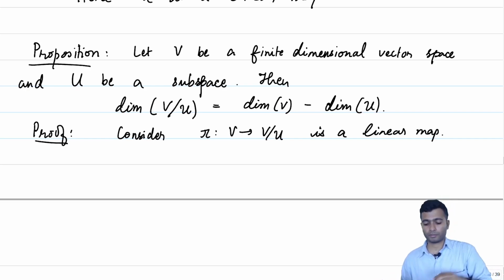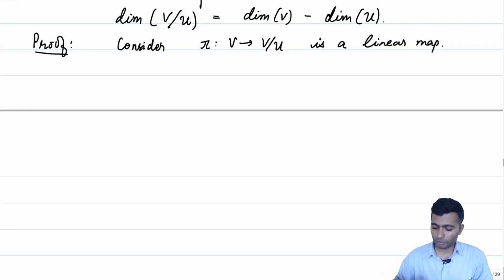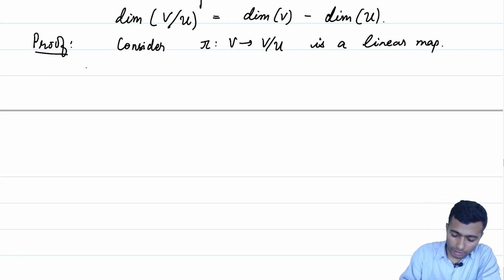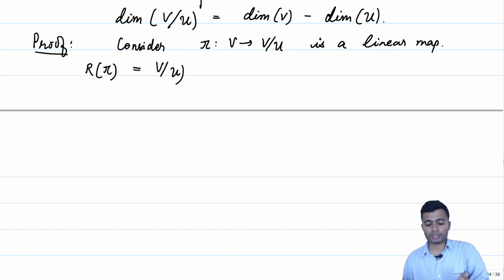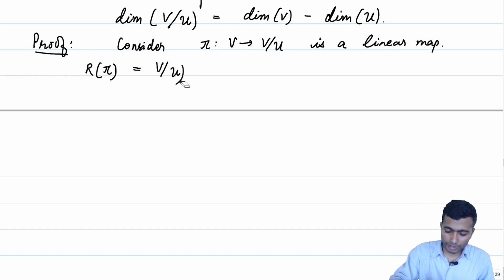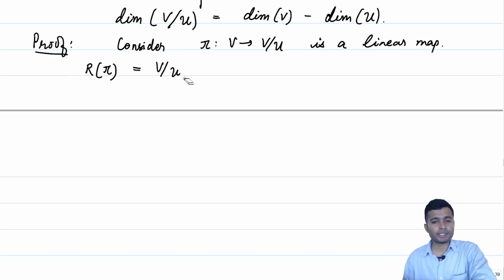We just proved that it is a linear map from V onto V mod U. We did not check that it is surjective, but check that R of pi is equal to V mod U, where R of pi is the range of pi. It is a surjective map, so the range will be the entire space. So R of pi is V mod U.